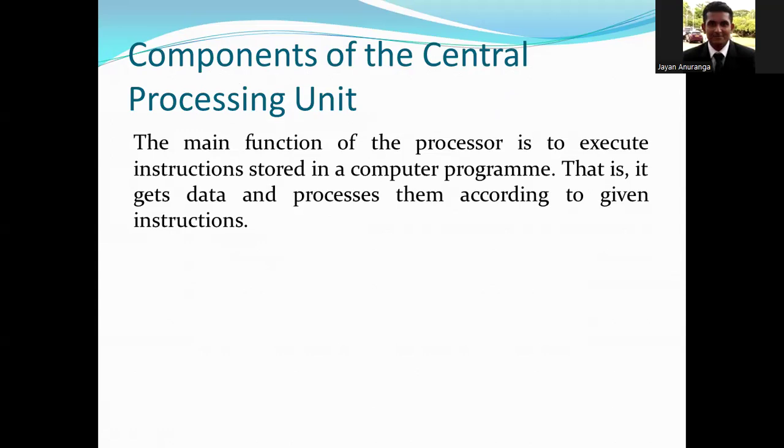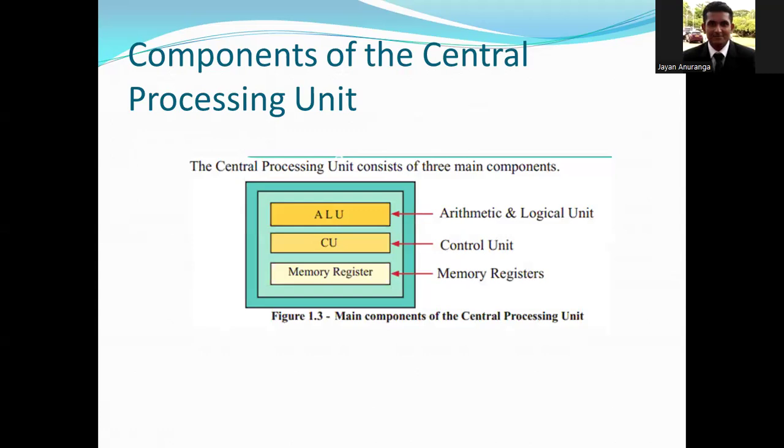That is, it gets data and processes it according to given instructions. Inside the CPU, it consists of three main components, each doing separate tasks: the arithmetic and logical unit, the control unit, and memory registers.